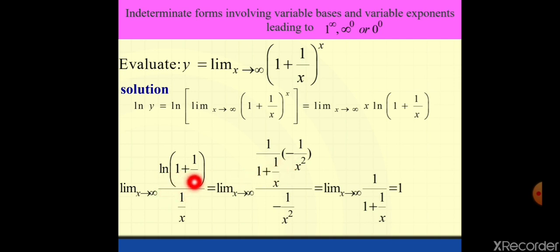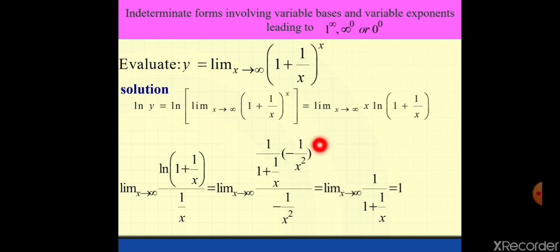The derivative of ln (1 plus 1 over x) is 1 over (1 plus 1 over x) times the derivative of what is inside. The derivative of 1 is 0, and the derivative of 1 over x, or x to the power negative 1, is negative x to the power negative 2, or negative 1 over x squared. And below, the derivative of 1 over x is negative 1 over x squared.